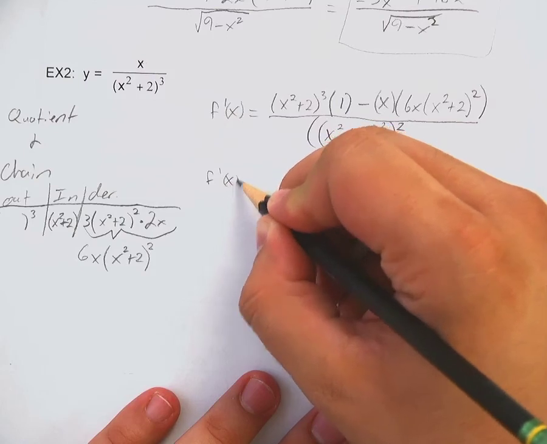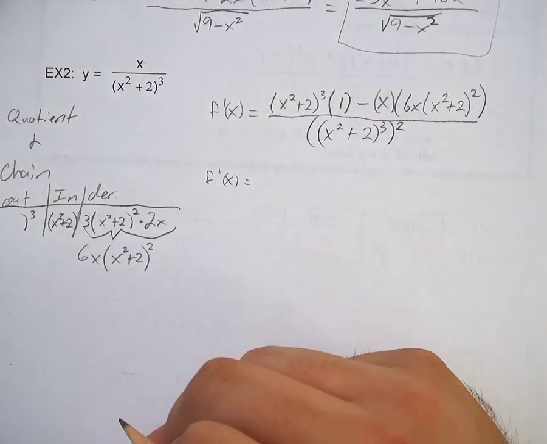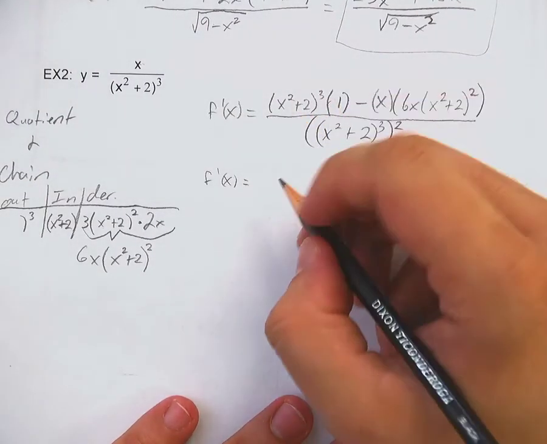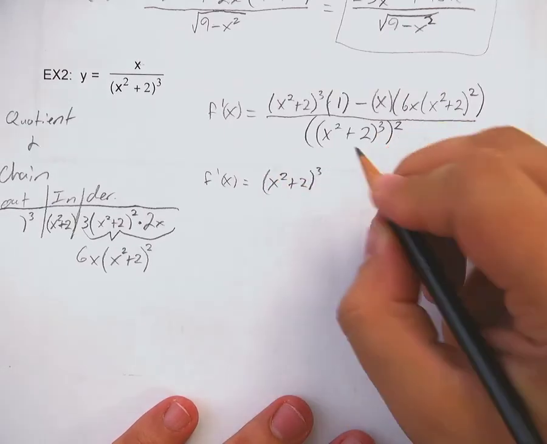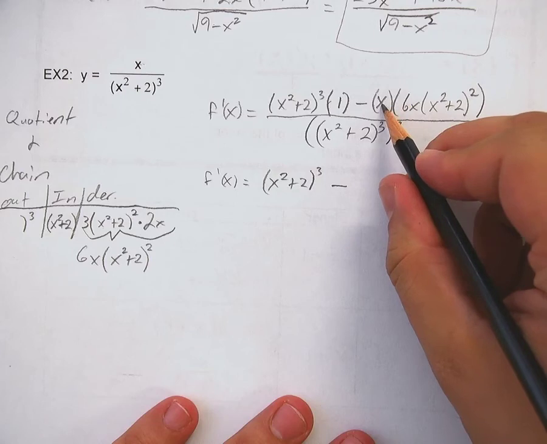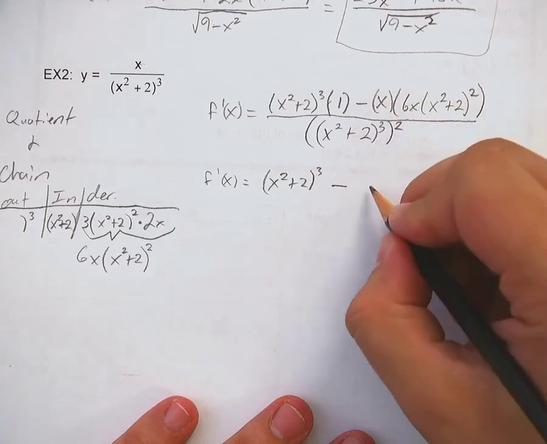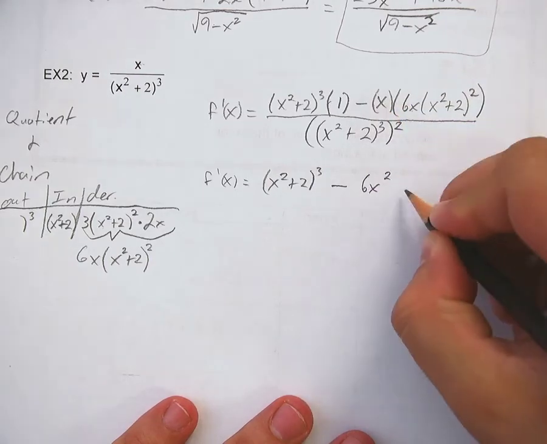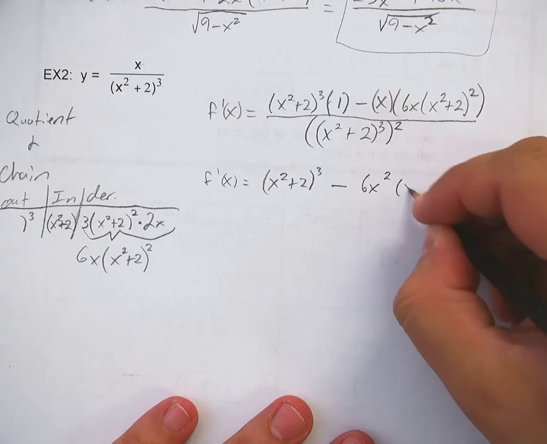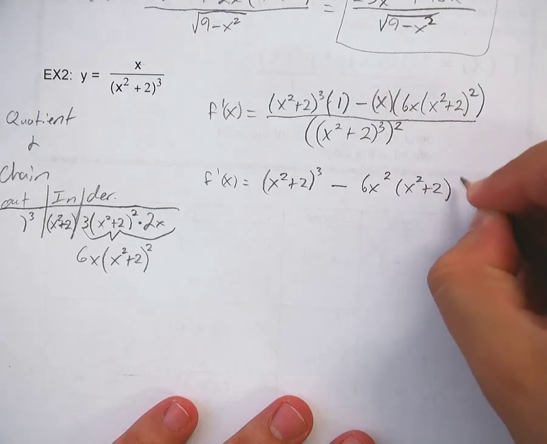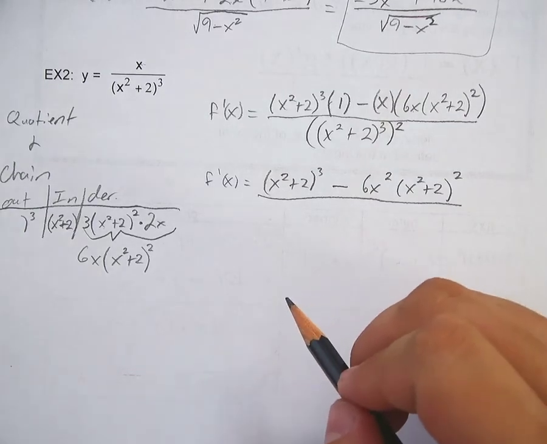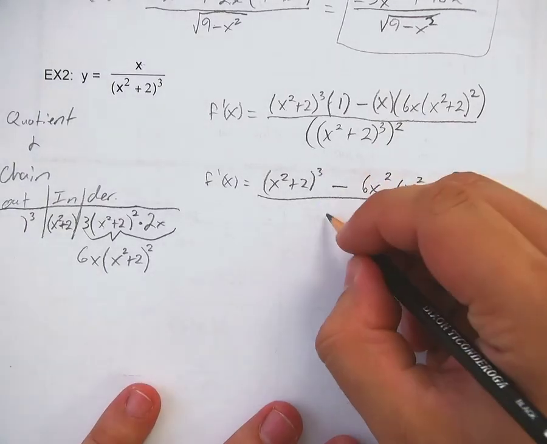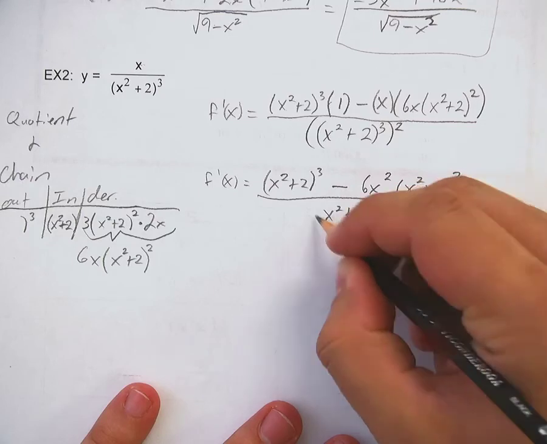f prime of x is going to be equal to, this times 1 is just going to be x squared plus 2 cubed. And then minus, we've got an x times 6x. That'll be 6x squared times x squared plus 2 squared, all over x squared plus 2.